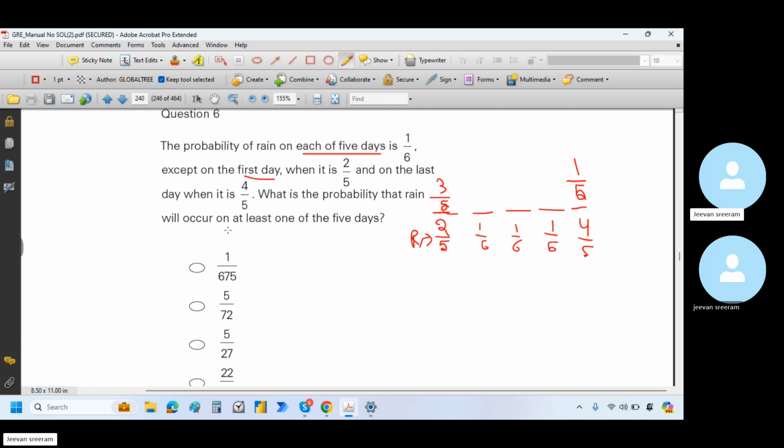What's the probability that rain will occur on at least one of the 5 days? Okay, at least one of the 5 days means he's asking probability of getting rain on 1 day, and 2 days rain, and also 3 days rain. Almost he's asking for rain on all the days.